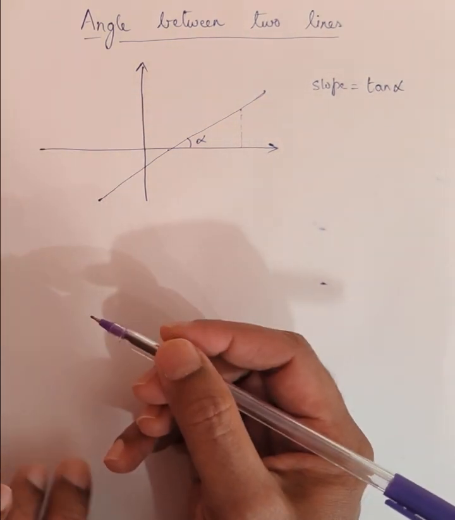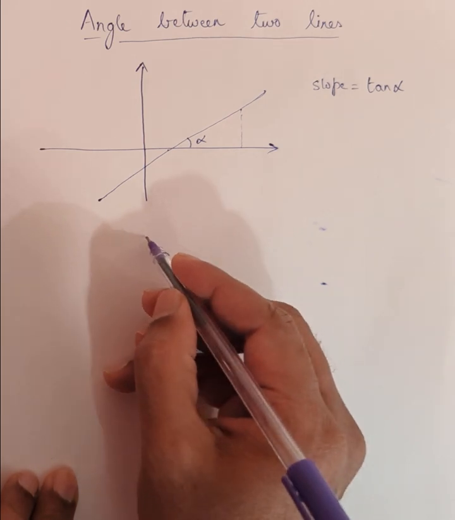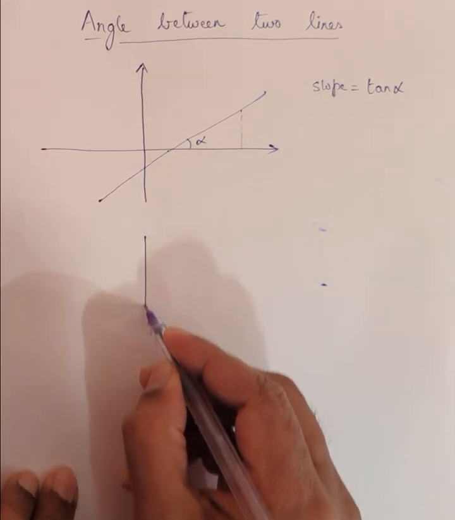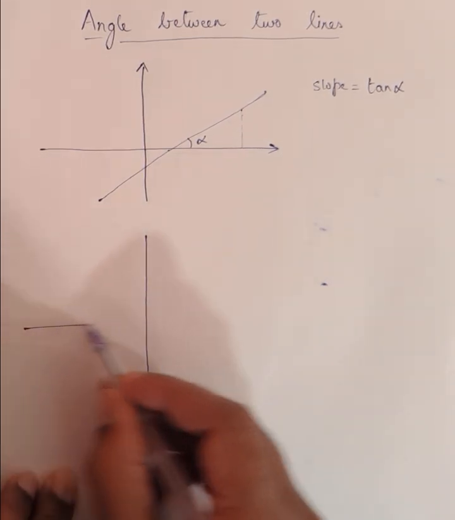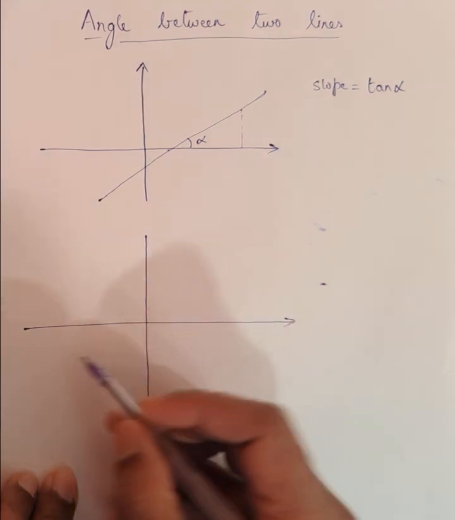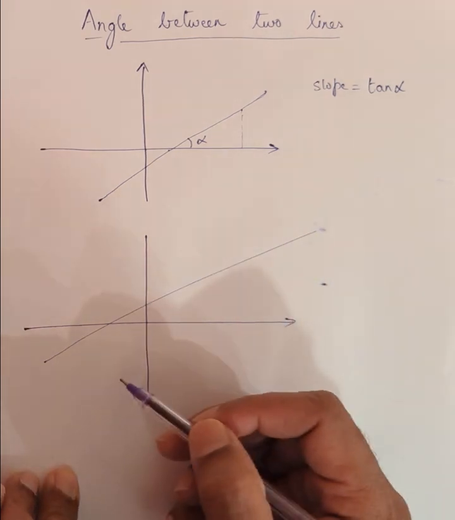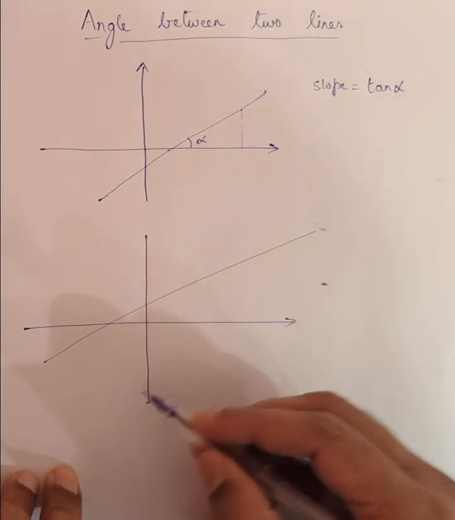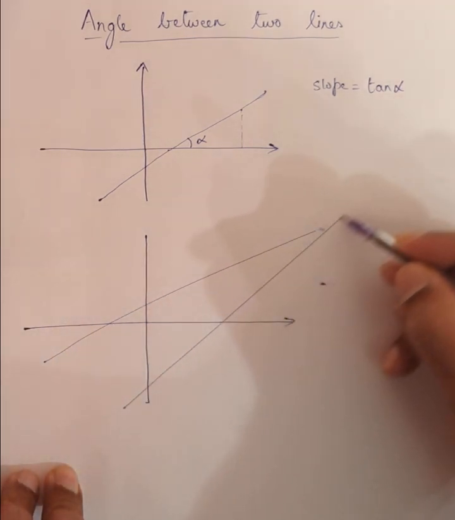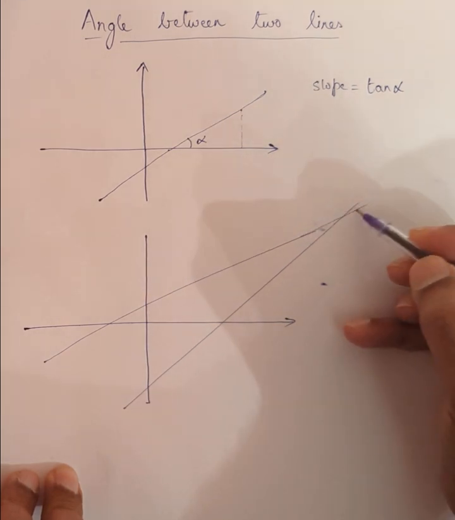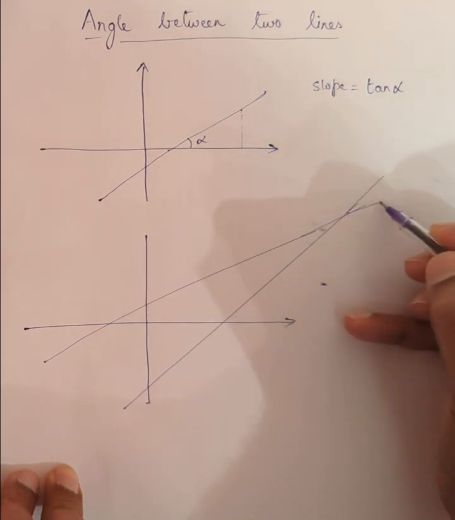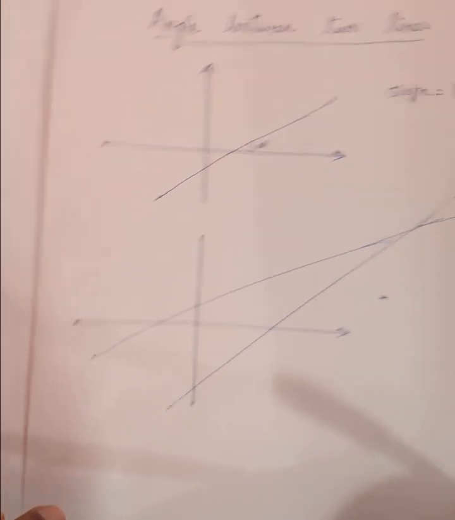So now if you have two lines in the coordinate plane that intersect, say I have one line that goes like that and another line that goes like this. Maybe I should use two different colors.